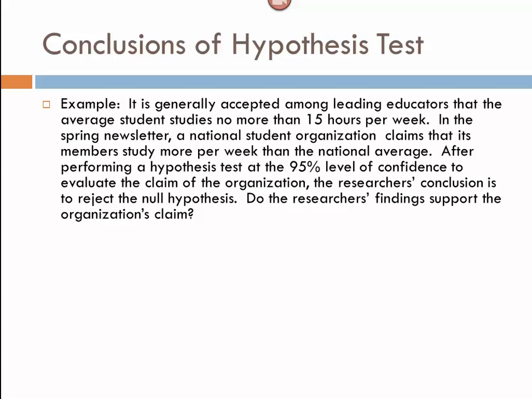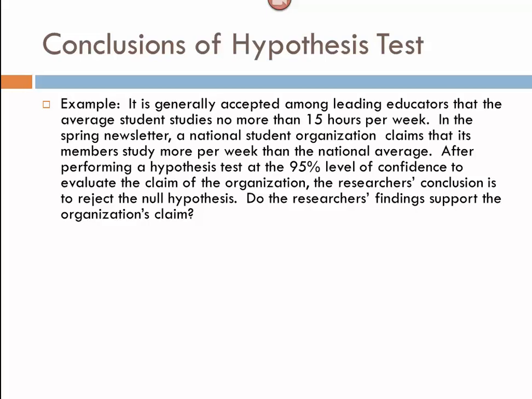So first thing we need to do is decide what is our null and alternative hypothesis here. We already know what the null is in terms of the symbols that we will use. However, we need to look at the wording in order to determine the alternative. In this particular problem, we are talking about an average.